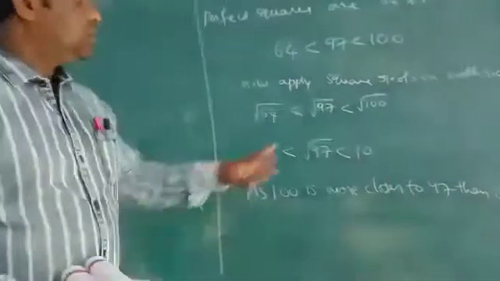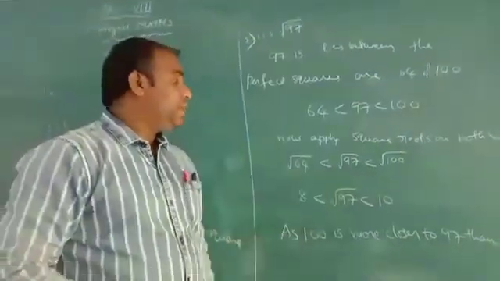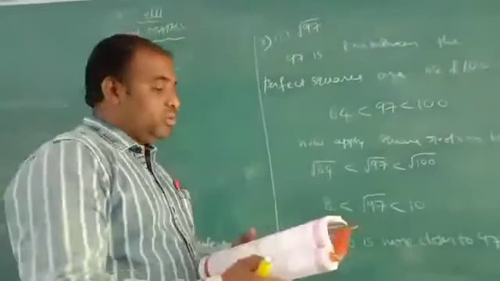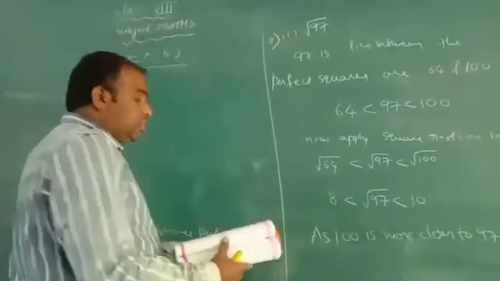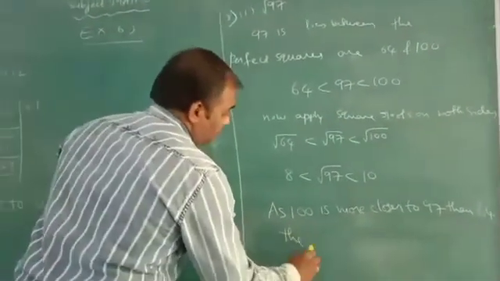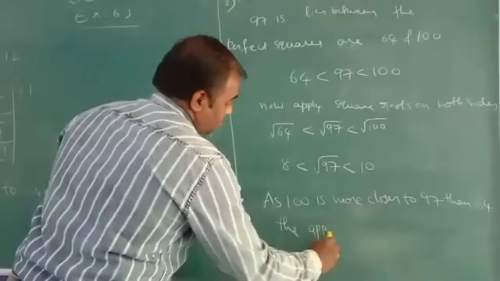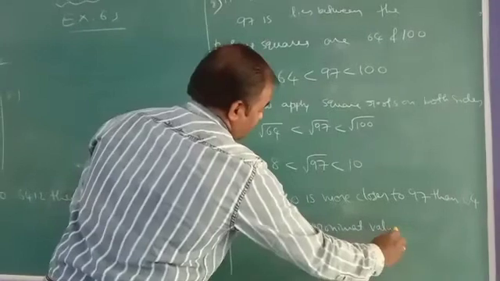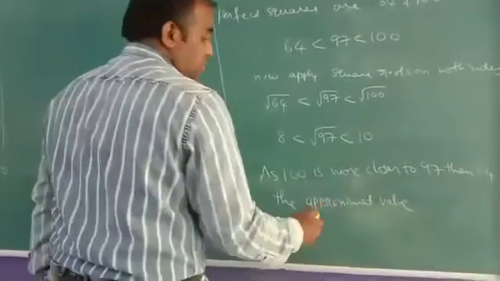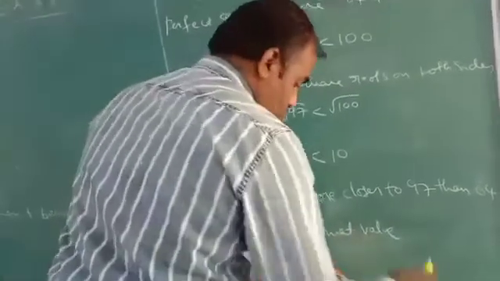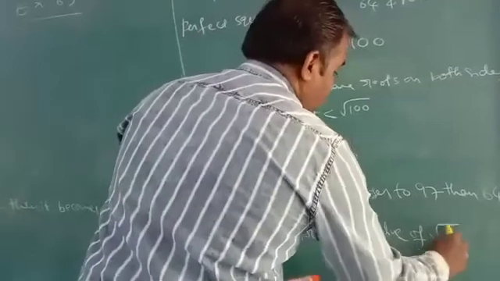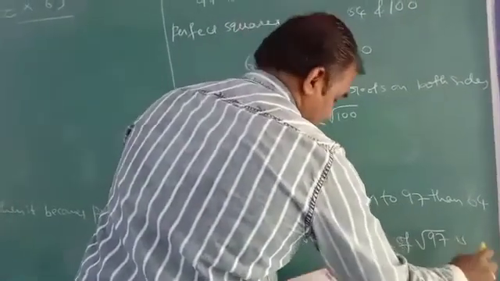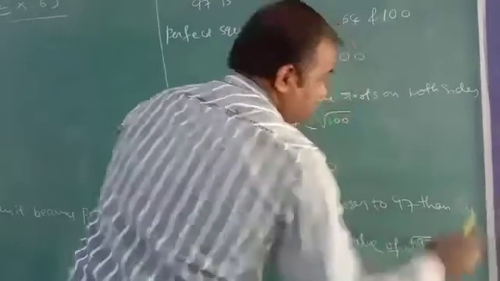Though the approximate value of square root of 97 is 10. This is the only answer.